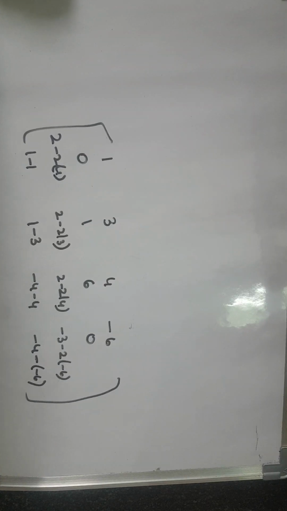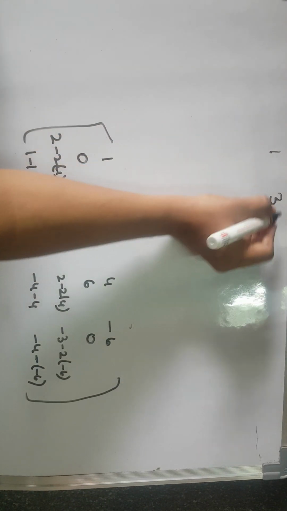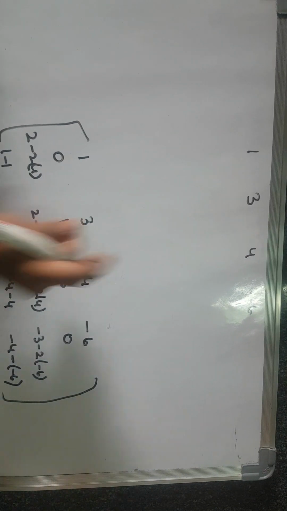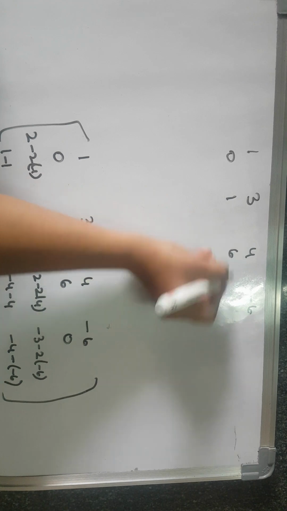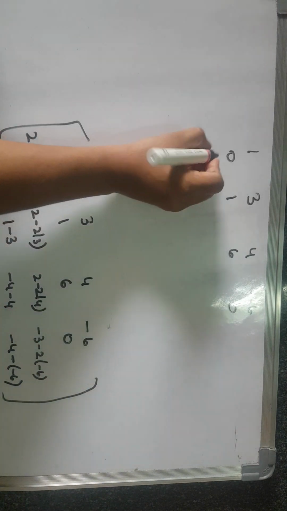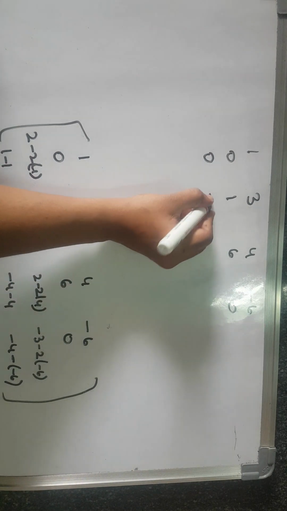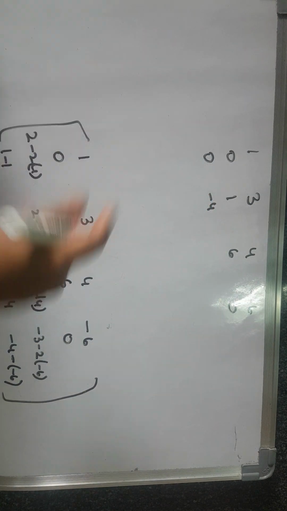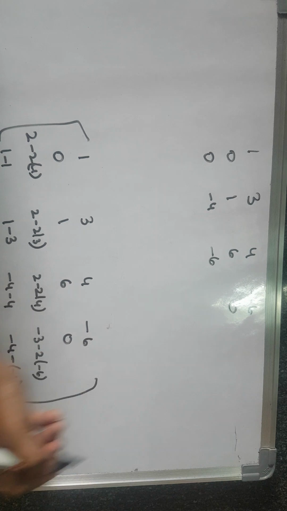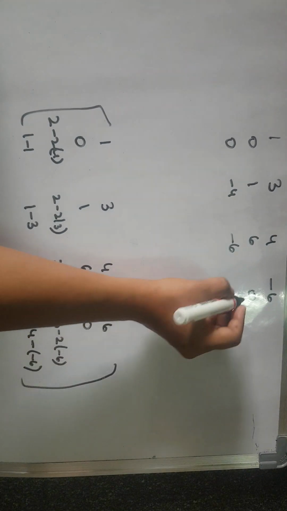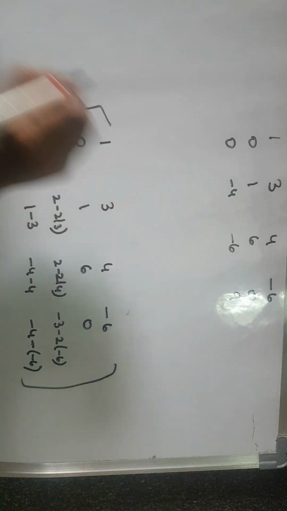Now what are the values that will become? 1, 3, 4, minus 6, 0, 1, 6, 0. And here 2 minus 2 value 0, 2 minus 6 value minus 4, 2 minus 8 value minus 6, minus 3 plus 12 is 9.